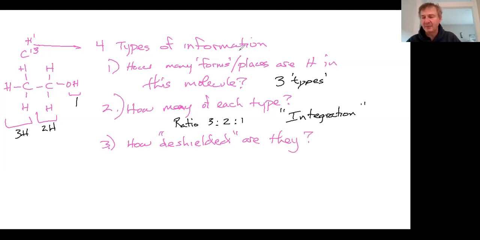So what do I mean by deshielded? Well, let's get a different color here. The OH on the end, the hydroxyl of this alcohol, is a very polar bond. And in fact, the carbon-oxygen is also a polar bond.